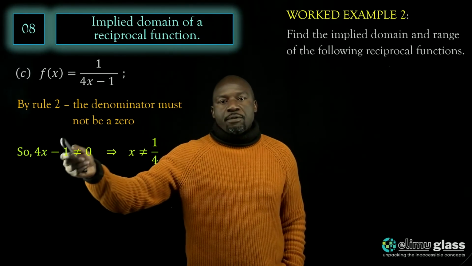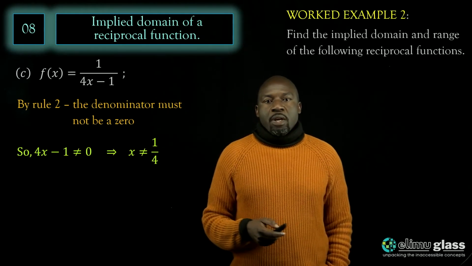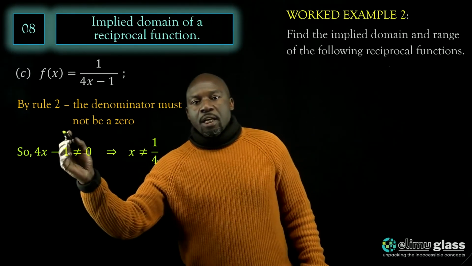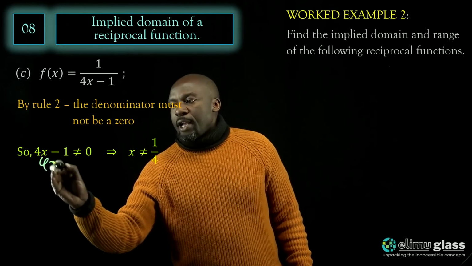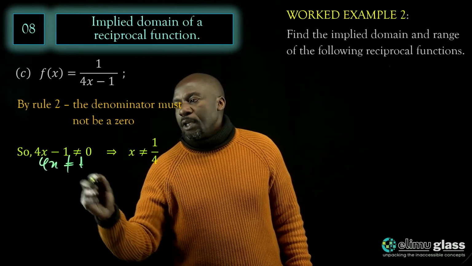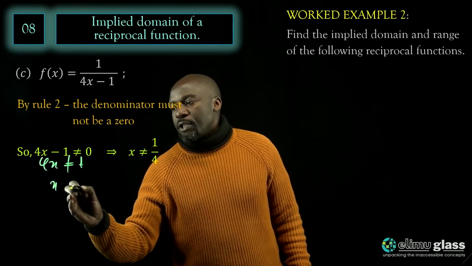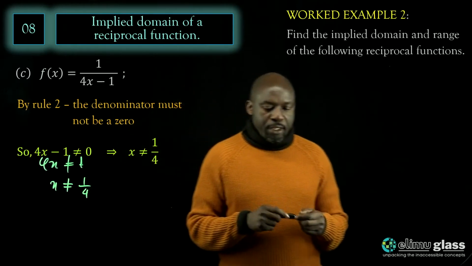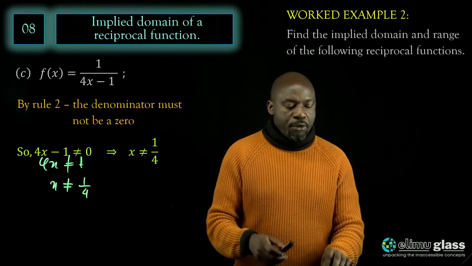If we rearrange that formula, 4x minus 1, move negative 1 to the other side, we get 4x is not 1, in which case divide both sides by 4, and we get x cannot be 1 over 4.